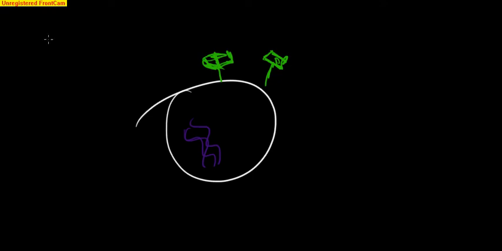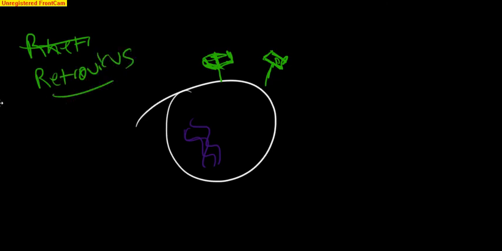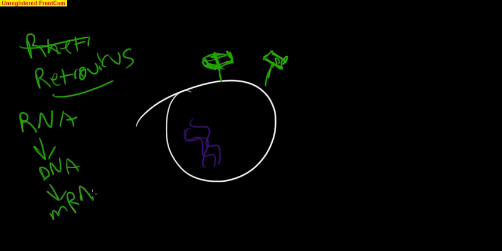Instead of going from DNA to messenger RNA to protein, it's going to start with RNA. Retro means basically like old, like a rebirth almost. So it's going to go from RNA down to DNA, back to messenger RNA, and then over to proteins. So that's what a retrovirus does.